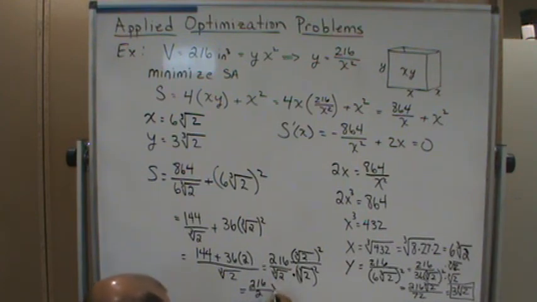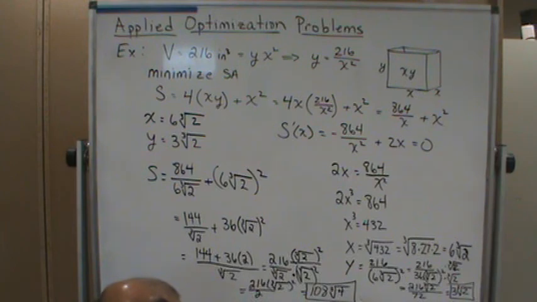And then I'm going to end up with the cube root of 2 quantity squared in the numerator. So this is going to give me 108, and then all I have to do is bring the square inside and make this the cube root of 4. And so this is the exact surface area.